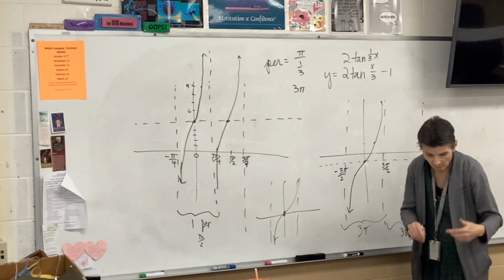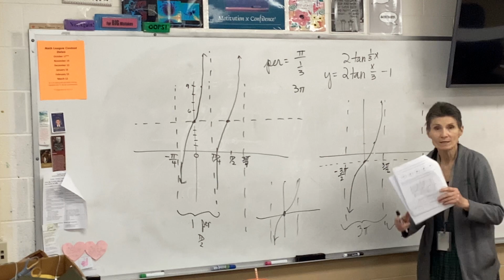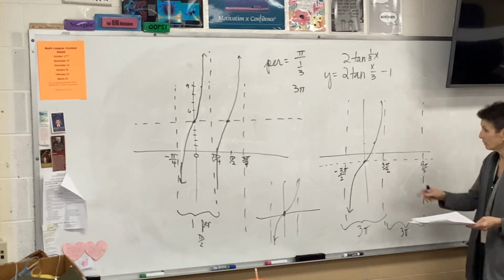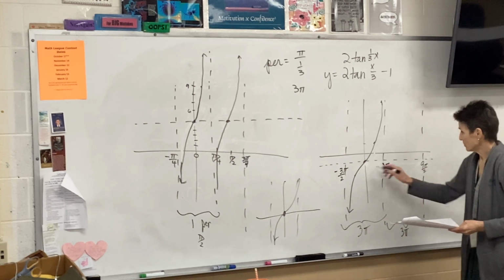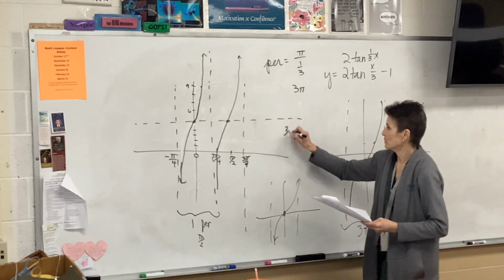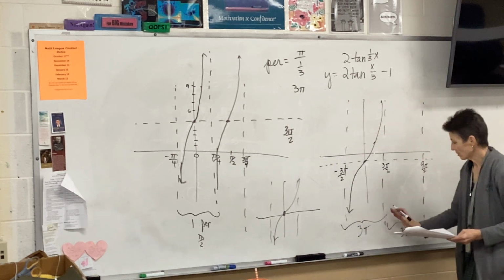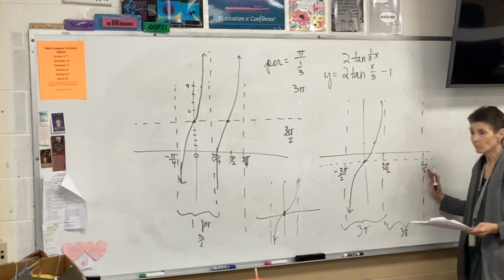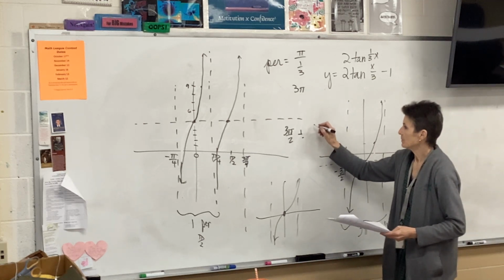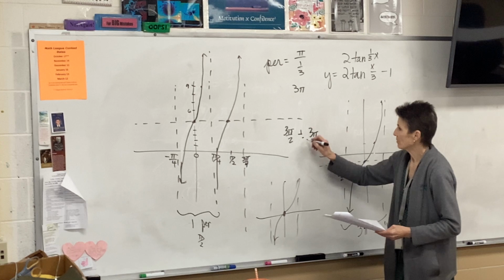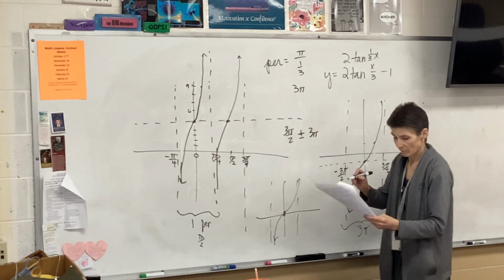So which one of these things expresses that? Well, first of all, we see the 3 pi over 2's, and we can either add 3 pi to that or subtract 3 pi. What variable are we using?